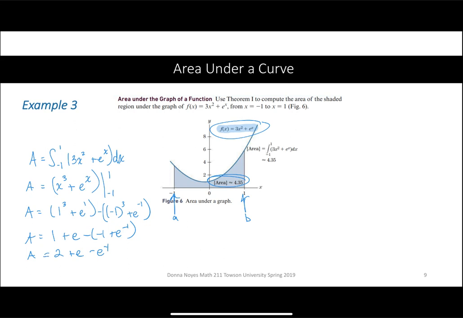Or 2 plus e minus 1 over e. And remember, e is just a number, 2.718281828, and it goes on from there. If we were to plug that into our calculator, we would find that this equates to just about 4.35, which is exactly what the diagram tells us it should be.